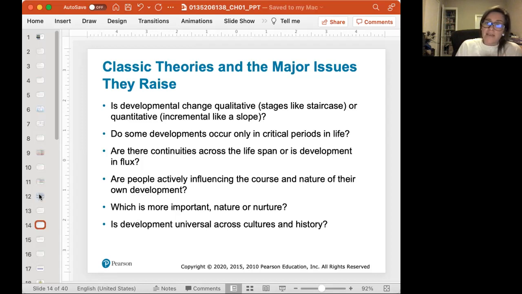And then, do some developments occur only in critical periods of life? What could that mean? Can I only find identity during my adolescent stage? I would argue no, right?